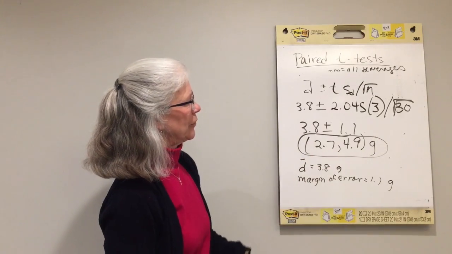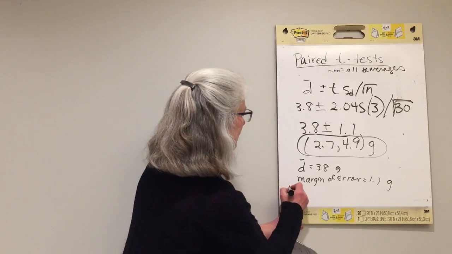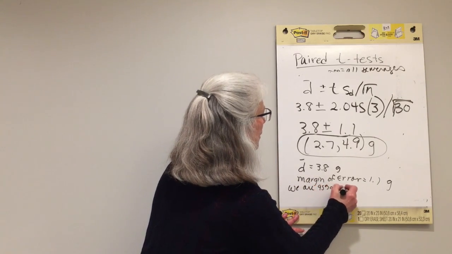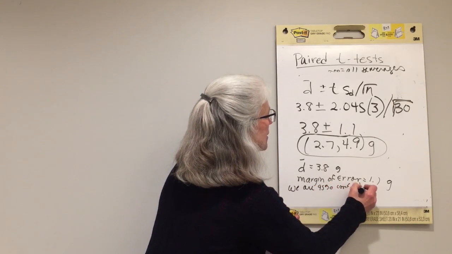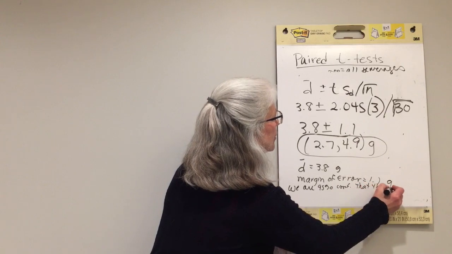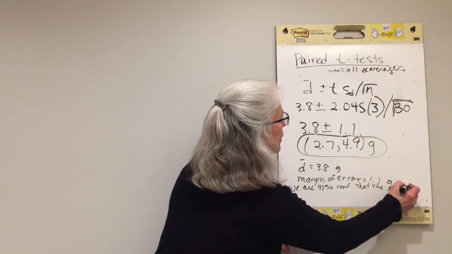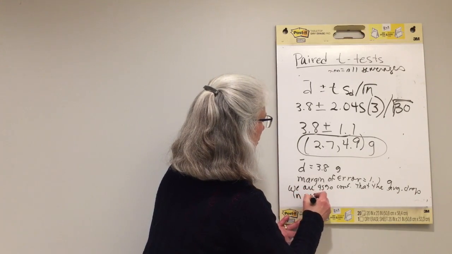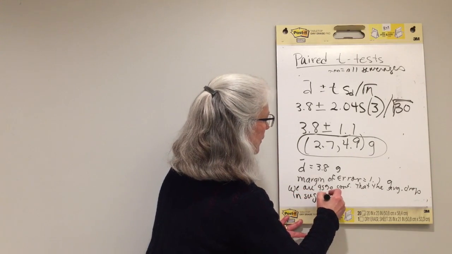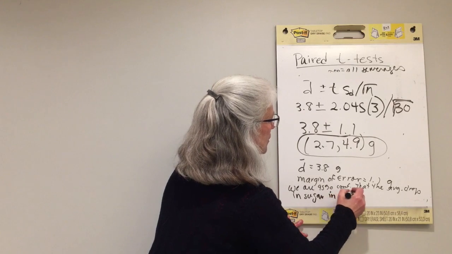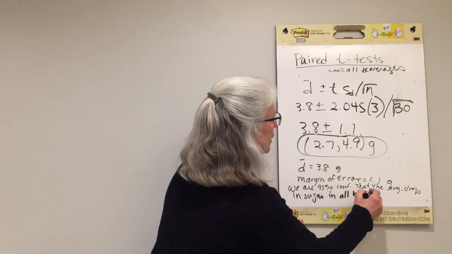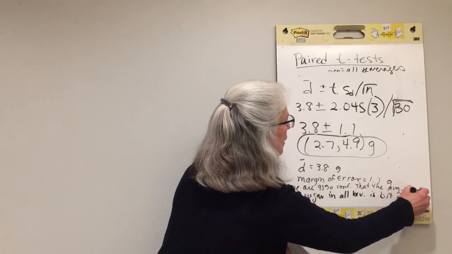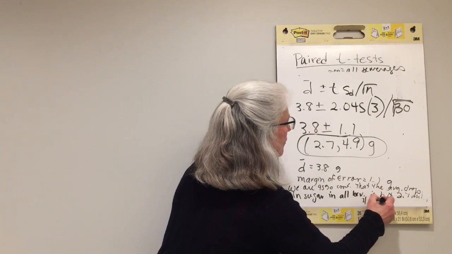So here's our confidence interval. We are 95% confident that the average change, the average drop in added sugar in all beverages in England is between 2.7 and 4.9 grams.